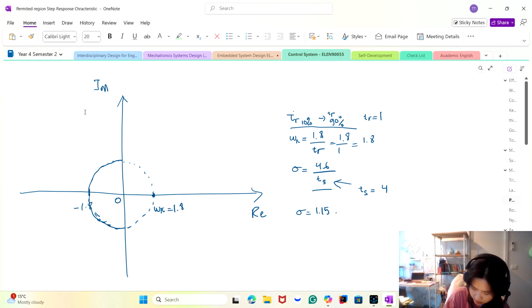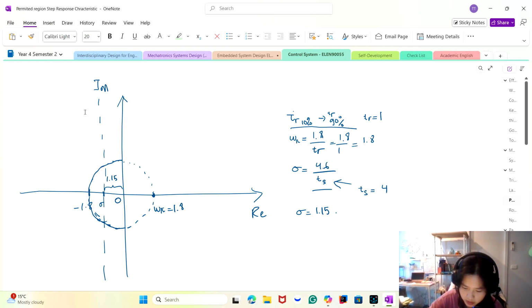So the distance from the imaginary axis to the line, this is gonna be sigma. So you mark this line. This is 1.15.